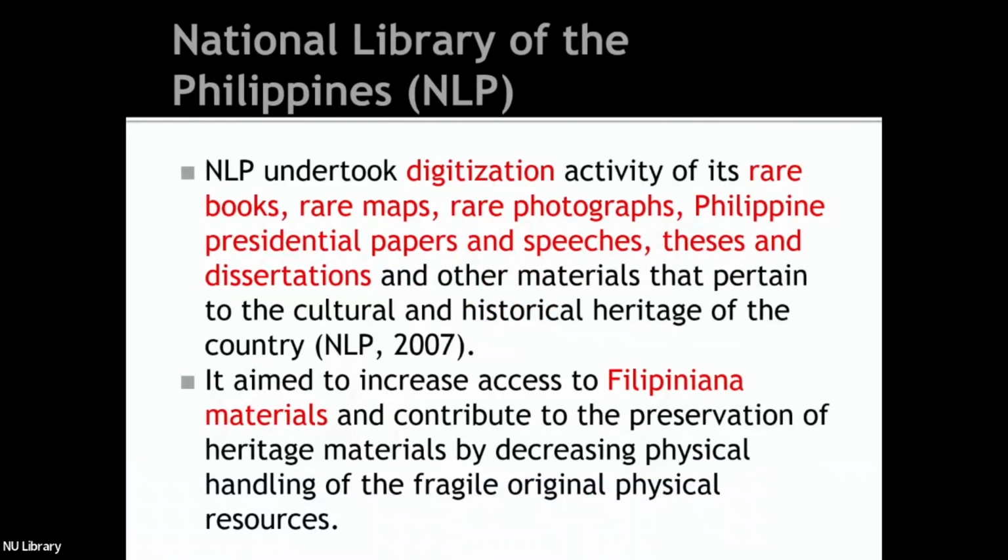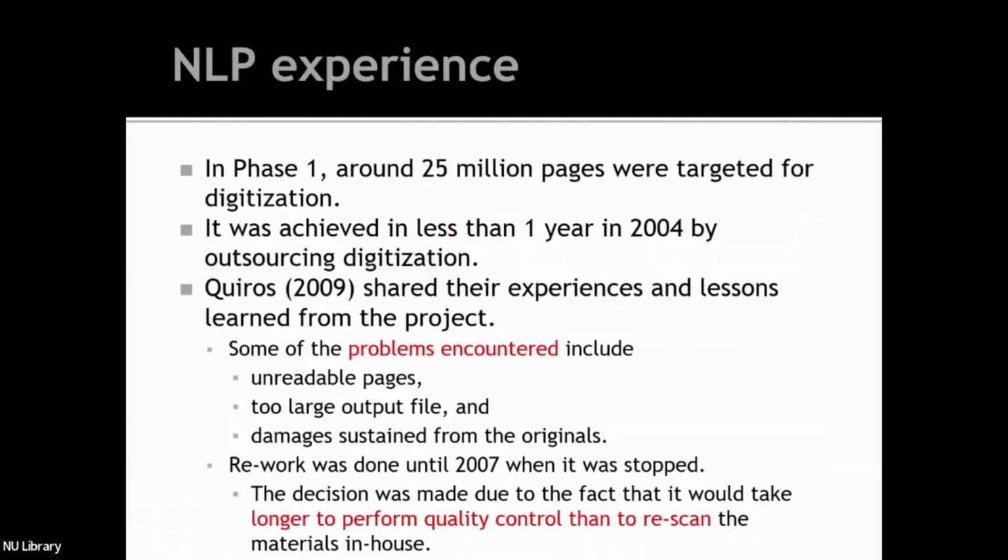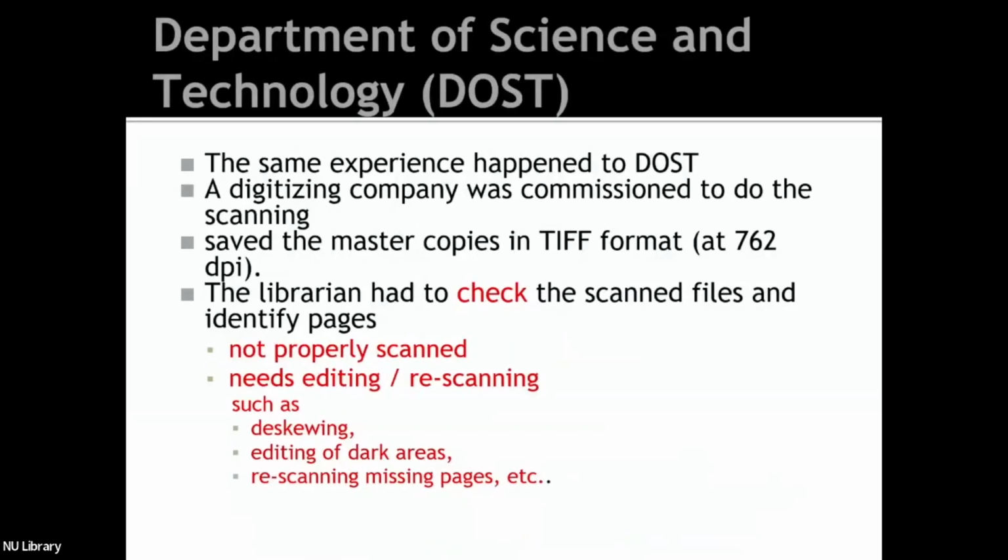But the National Library of the Philippines reported some problems encountered by outsourcing the digitization. There were unreadable pages, too large output files, and damages sustained from the original. So rework was done instead of checking the errors. The same happened to the Department of Science and Technology, with errors such as pages not properly scanned, needing editing, and skewing, among others.